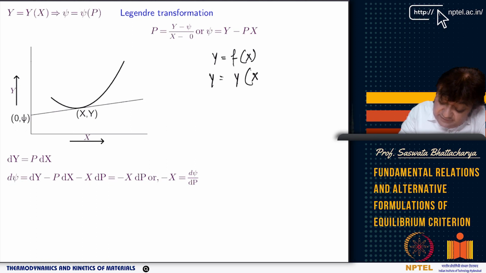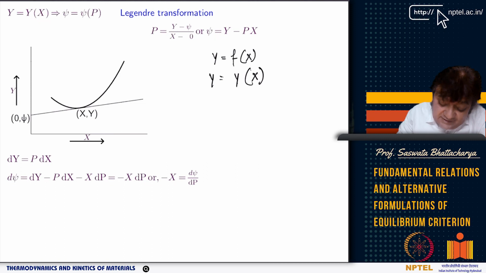So y is a function of x. Now how do you plot it? You have a graph with y on the y-axis and x varying along the x-axis, and this curve represents y as a function of x.